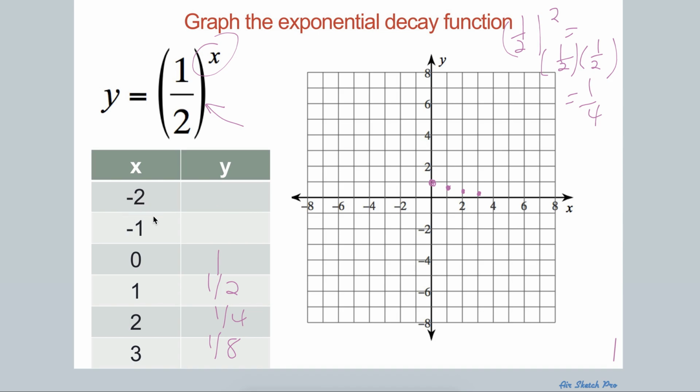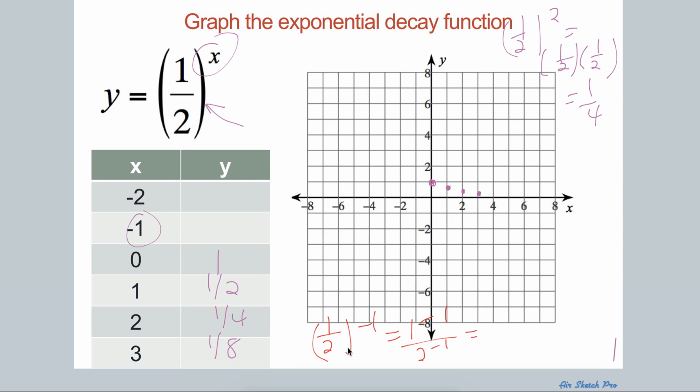So now let's try these two numbers, the negatives. So 1/2 to the -1. So remember, if I have a fraction to a power, I want to distribute that exponent to each thing. So 1 to the -1 divided by 2 to the -1.